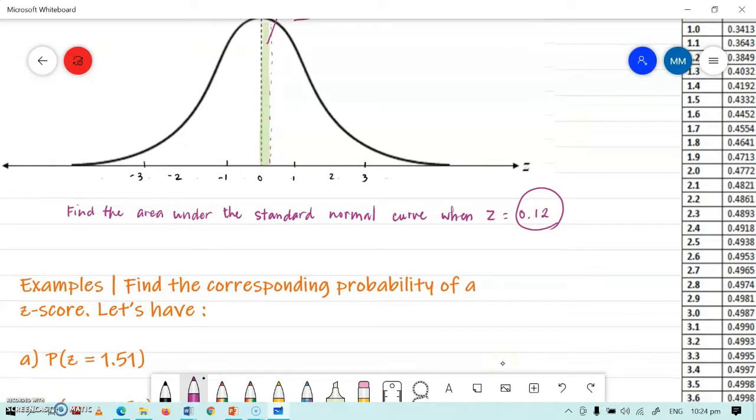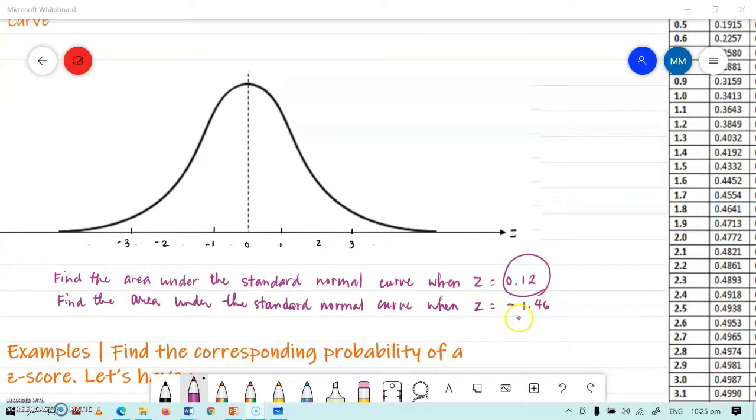Now, let's have another example. Let's say here, find the area still under the standard normal curve when z is equal to negative 1.46.